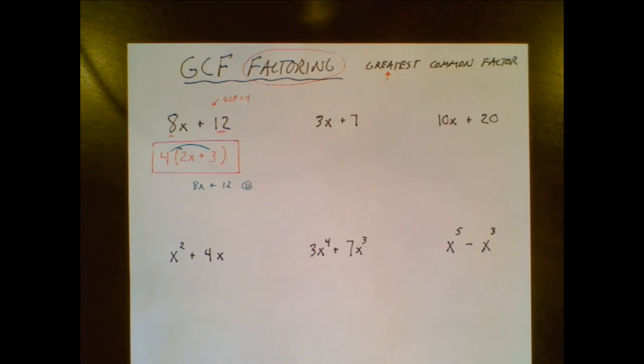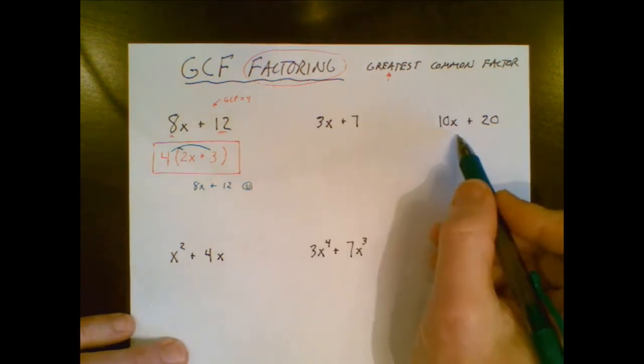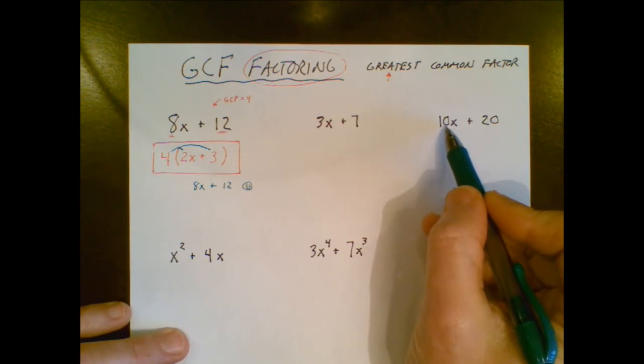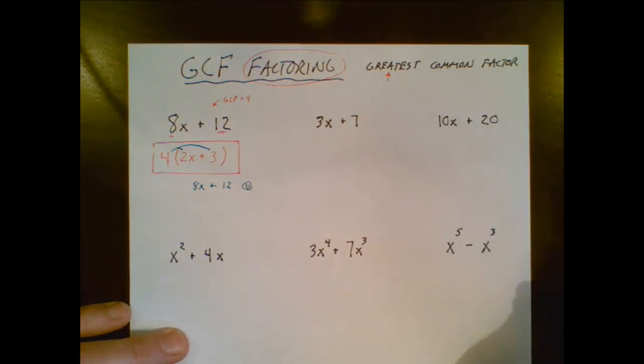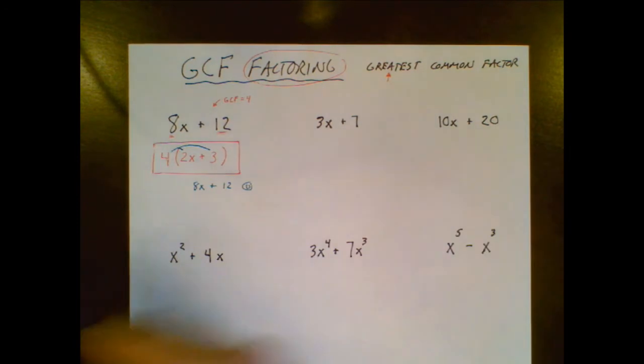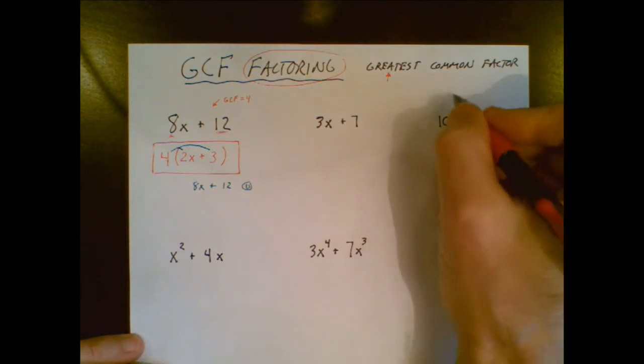When you look at greatest common factor factoring, it's going to occur often, but not always. If I skip this one and go to this one, I would ask, what divides evenly into 10 and 20? Well, 2 does. 5 does. But there's something even better, and in this case, that something better is a 10. So my GCF is 10.